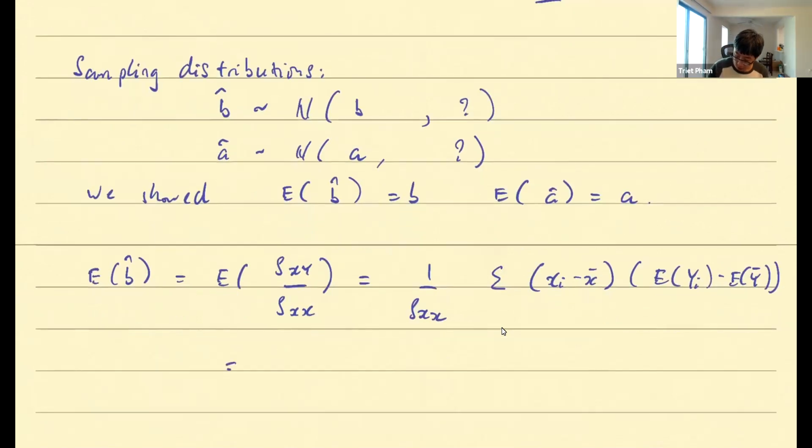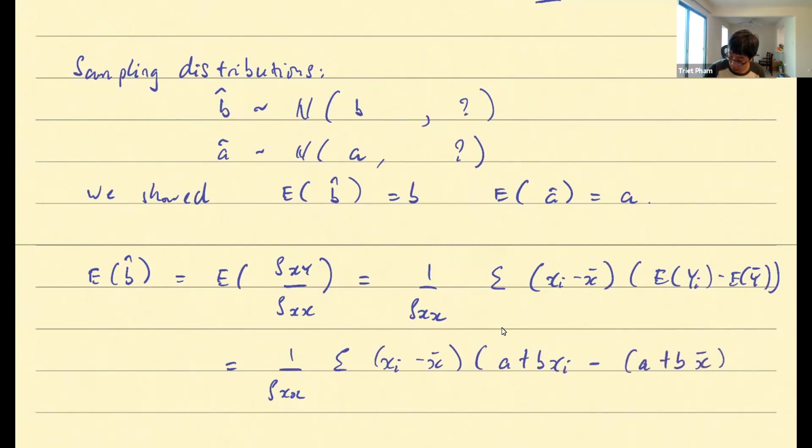And so you get 1 over SXX, sum of XI minus X bar. YI, of course, has expectation A plus BXI. Y bar has expectation A plus BX bar. So when you cancel, right, and you factor this out, that's exactly SXX. The only term left is B.